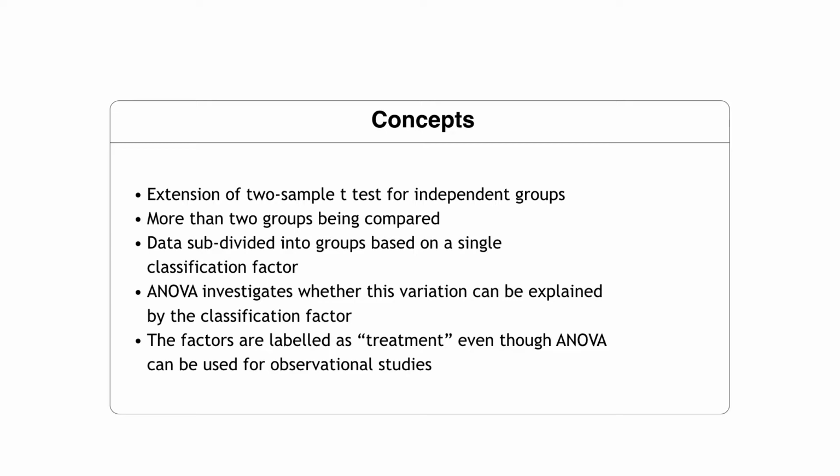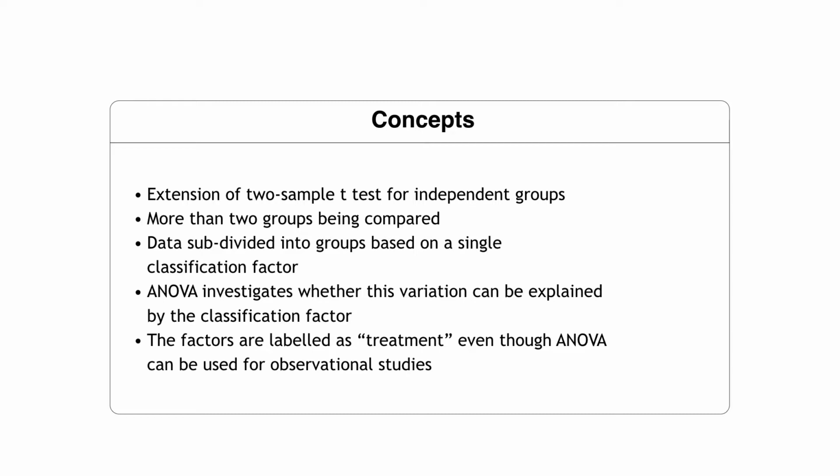So what ANOVA does is it extends that two-sample t-test, but this time for independent groups. And you're comparing more than two groups in this situation. Based on that classification factor, you are subdividing the data into as many groups as the levels of the factor.